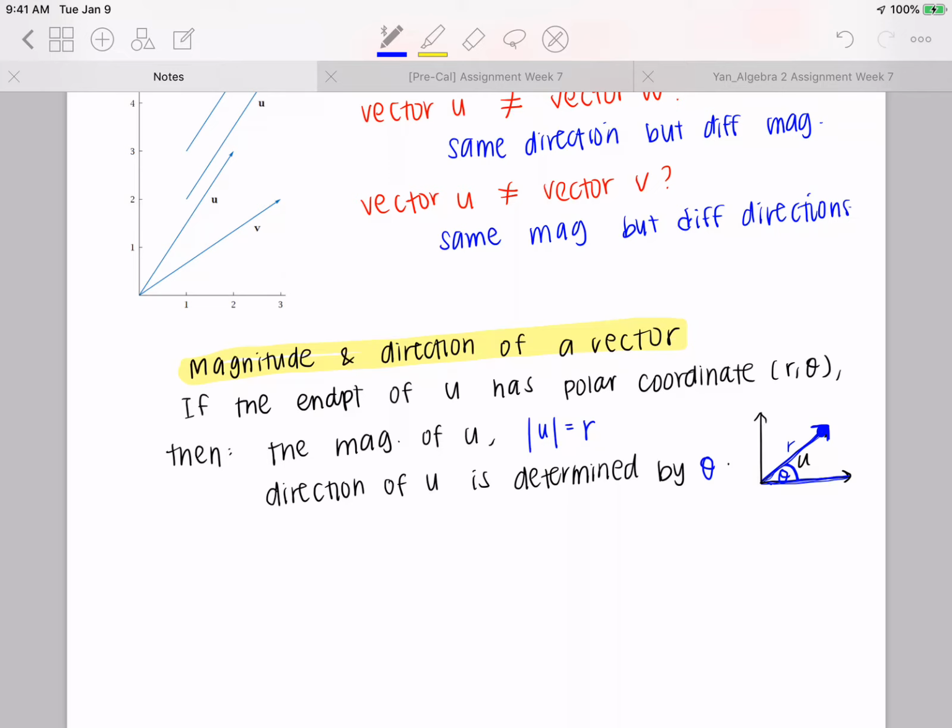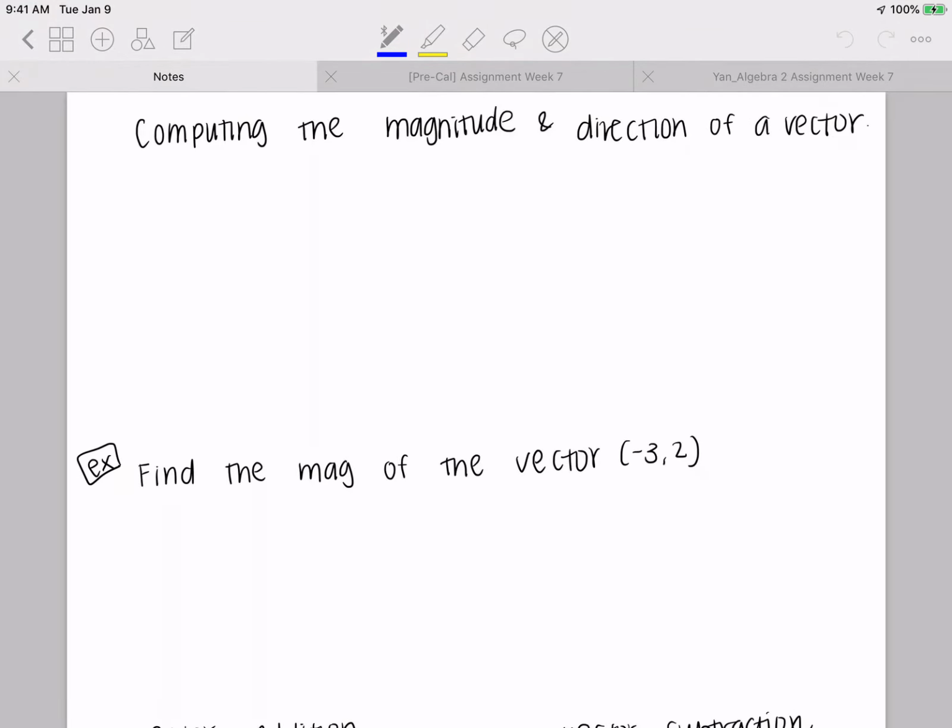Let's write down computing the magnitude and direction of the vector. If u equals a comma b, then the absolute value of u would equal, from the last section, the way that we found r, the square root of a squared plus b squared.